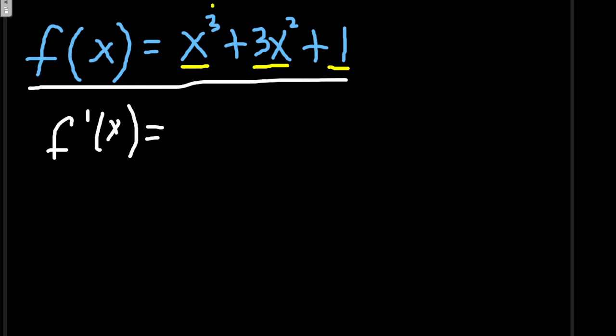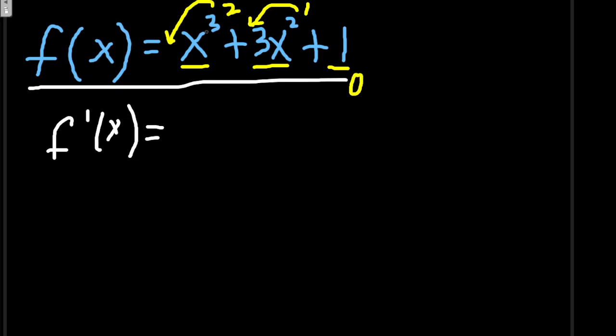So following the rule, this is 3 as our n. We move it forward and then subtract 1 from the existing to get 2. Same thing here, we move the 2 out front and this becomes 1. And like we said, for any constant, the derivative is 0.